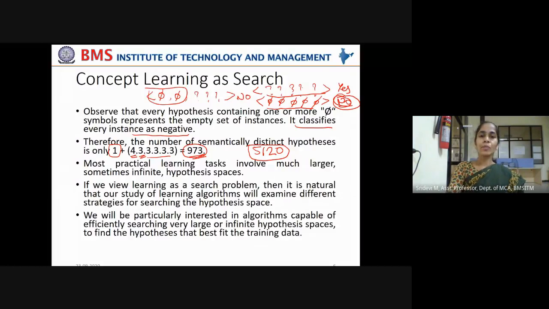Got it? Now, most practical learning tasks involve much larger, sometimes infinite hypothesis spaces. Now, if you take, say, characteristics of people in India, it is an infinite hypothesis space, right? Every person has different characteristics. Every person has a different set of features. In that case, the hypothesis space will be infinite. Why?